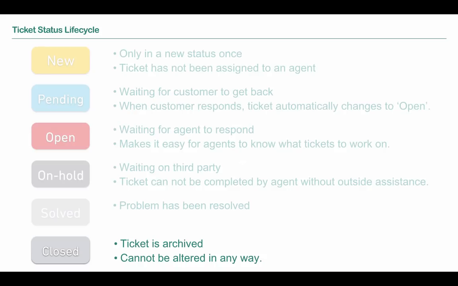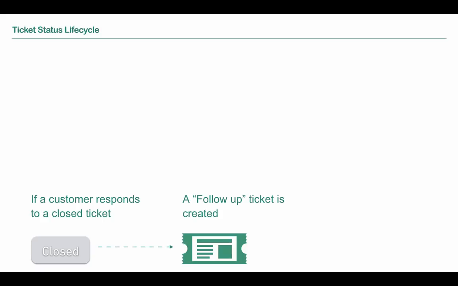With one exception, in that if the customer responds to an email thread to a closed ticket, what will happen in order to keep the flow of that conversation going, a follow-up ticket is created. And on that follow-up ticket, there will always be a link back to the original closed ticket, and vice versa.